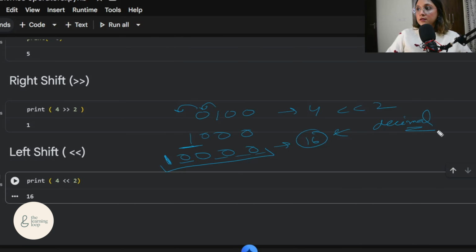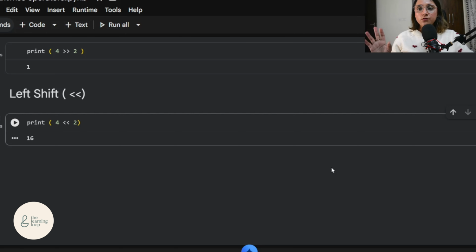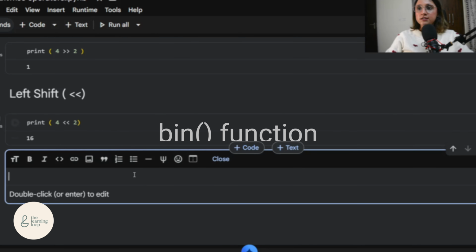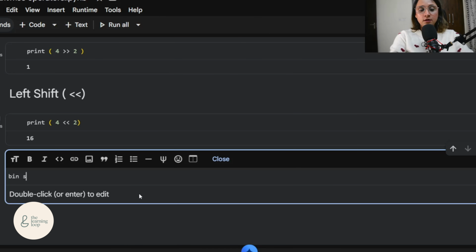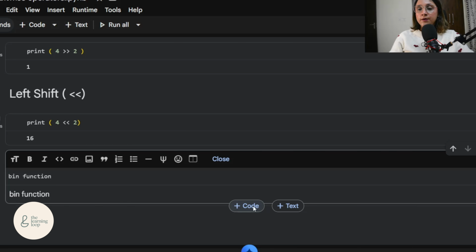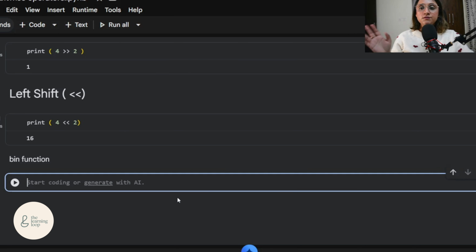Before we wrap up types of operators, I just want to discuss one more thing, that is the bin function. For now, when we discussed all the bitwise operators, we saw that we are getting the answers in decimal format. So what if you want to actually look at the binary format?